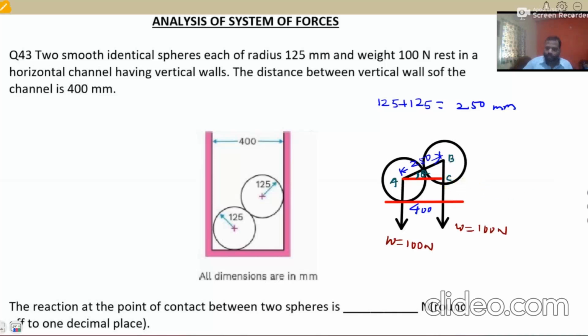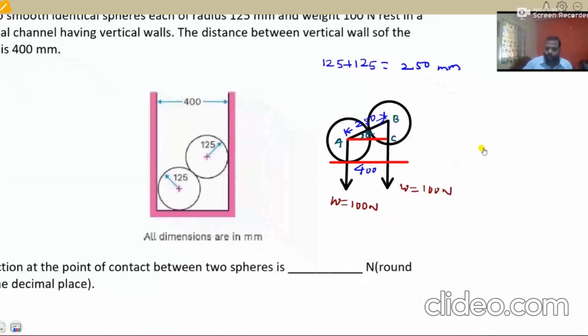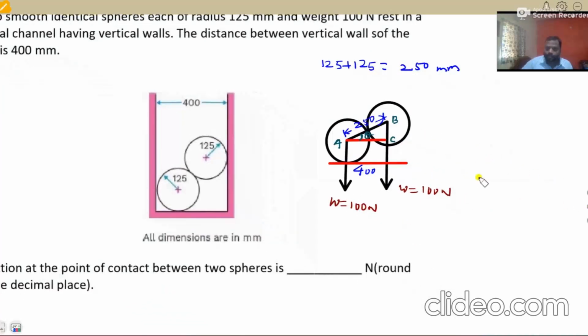Now in triangle ABC, cos theta will be AC, the base, upon the hypotenuse AB.